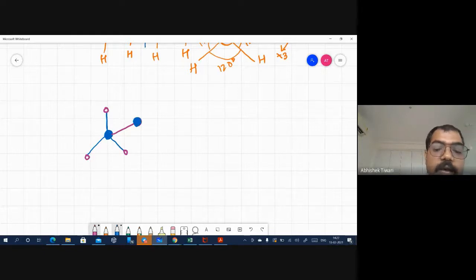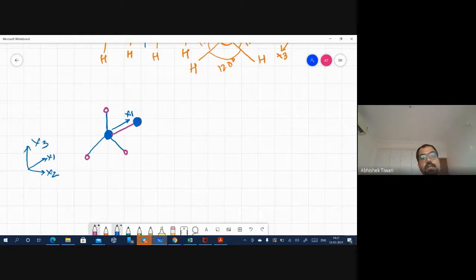And now, if this axis is the x1 axis, and this is my x2 axis, and this is my x3 axis, try to look from the plane of x2, x3, in the x1 direction.